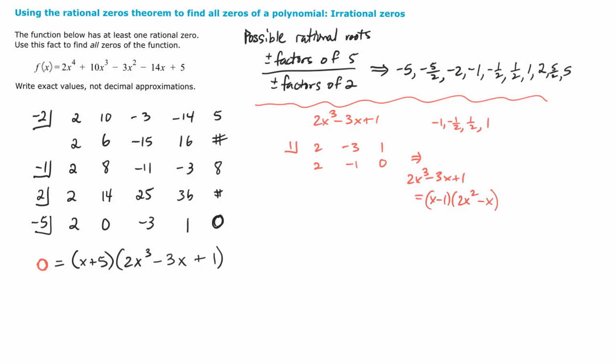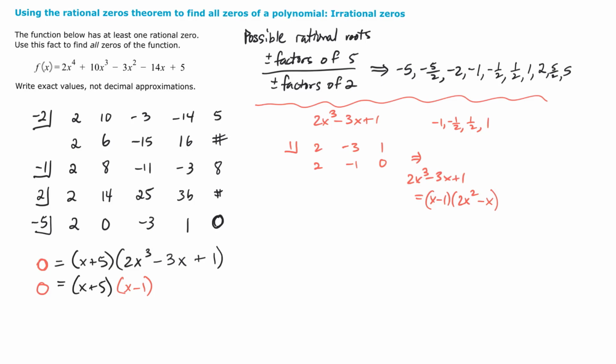All right. Why don't we try that? 0 is now equal to x plus 5, now we have an x minus 1, and then what is left?